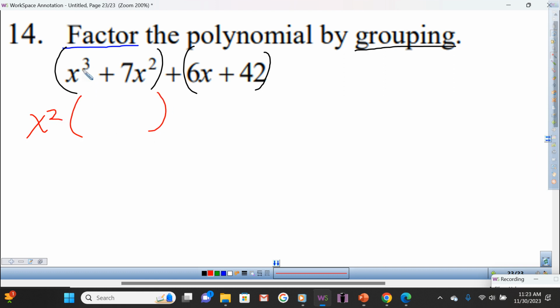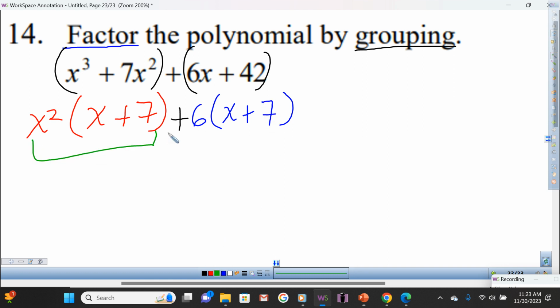So if we took out x squared, we're left with x, plus we took out x squared here, and we're left with 7. Plus, what's the GCF for the second two? What divides these two terms? The 6. So 6x divided by 6 is 1x. 42 divided by 6 is 7.